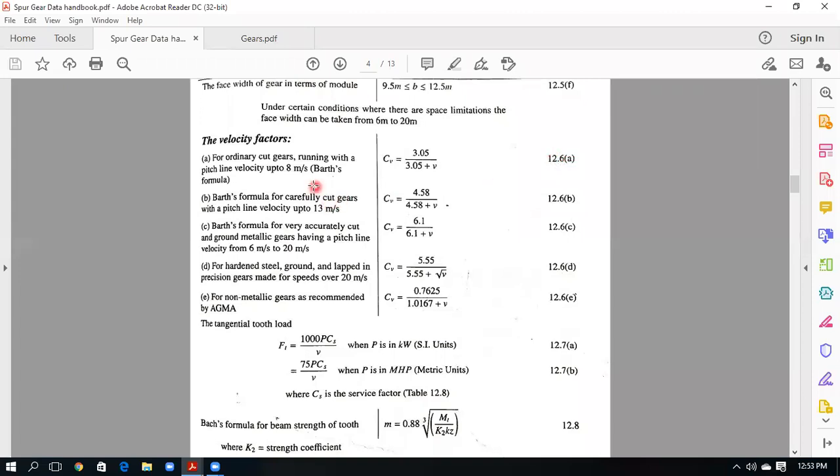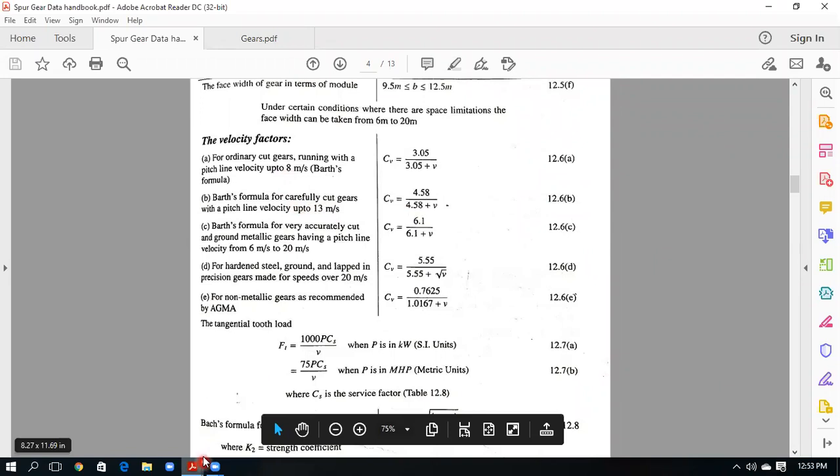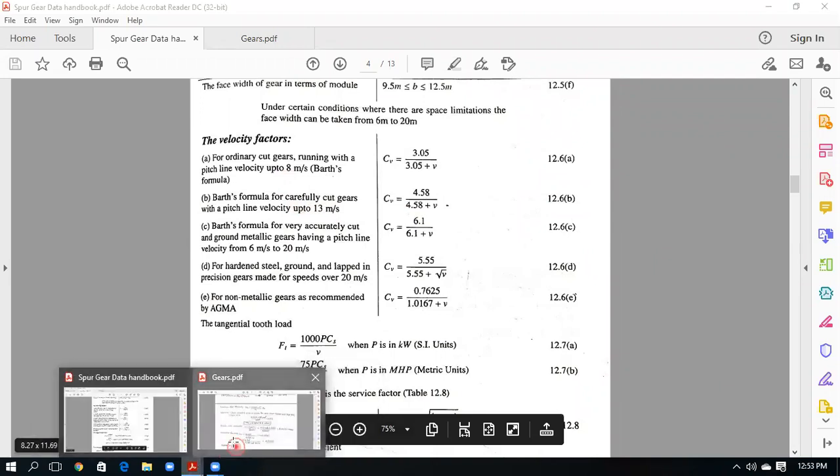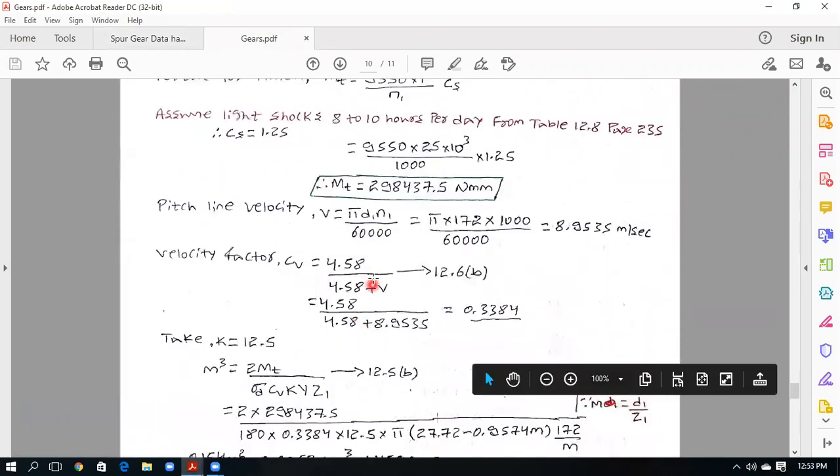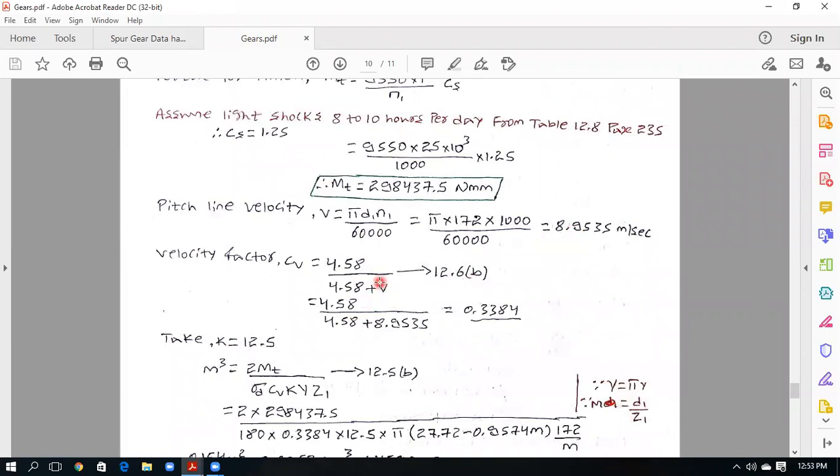Whereas in our case it is 8.9, which means you have to take the one up to 13 meters per second. Therefore CV, that is the velocity factor, will be 4.58 divided by 4.58 plus v. I have taken this formula because the velocity is greater than 8 meters per second. In this, substitute the value of v. Once you substitute the value of v, you will get the CV value.